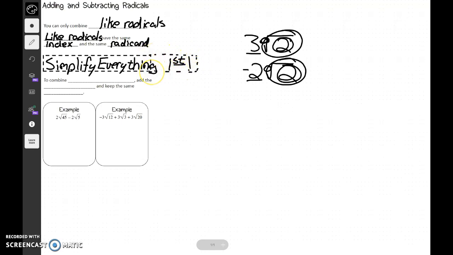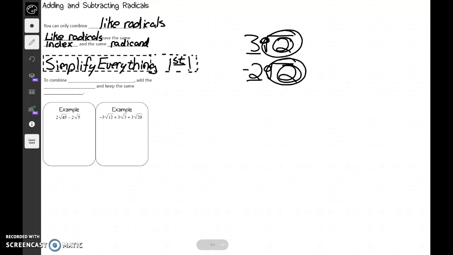Alright, so simplify everything first. We want to make sure that before we do anything with adding and subtracting radicals, everything is simplified to its simplest form before we combine those numbers. So make sure you simplify everything first.